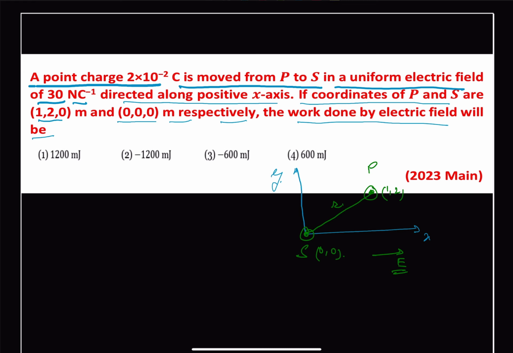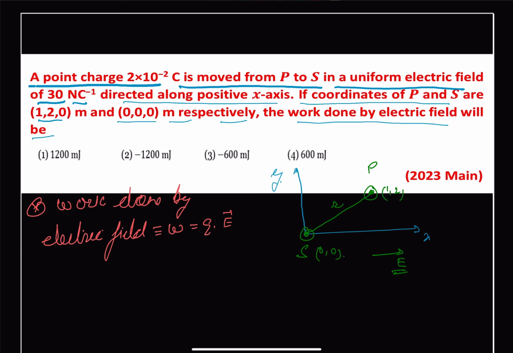So we can say that our work done by the electric field, let us suppose W, is equal to charge, electric field, and displacement D, where this is the representation of our r vector, the position vector.